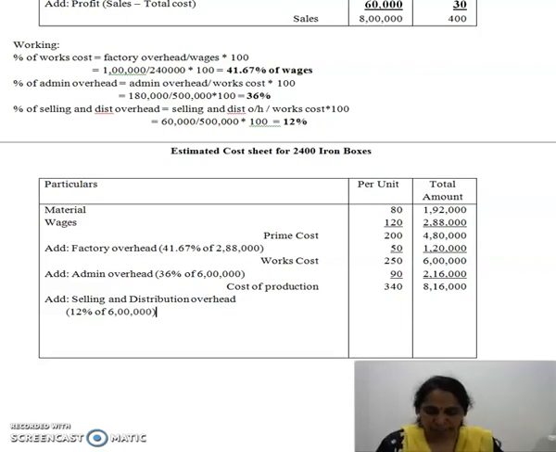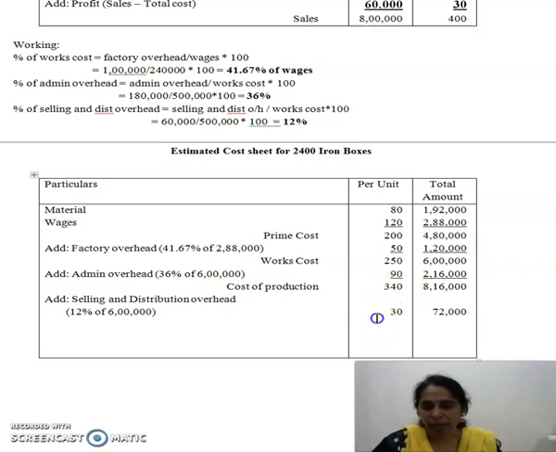So let me try 6 lakhs into 12%. It is coming 72,000. So the total amount is 72,000. But I want it for 1 unit also. So 72,000 divided by 2,400 units. How much is it coming? 30 rupees. Okay, 30 rupees.